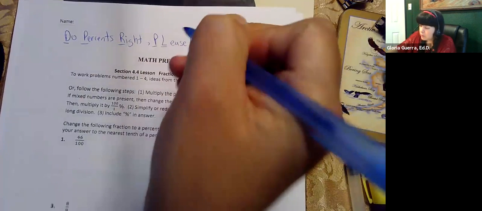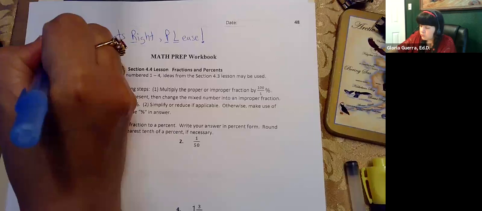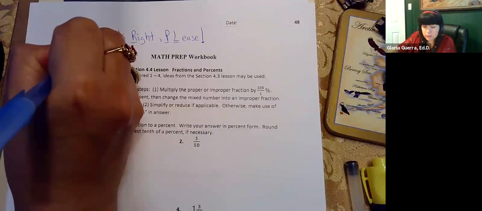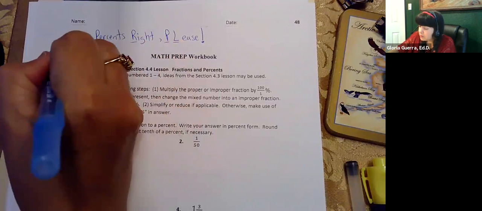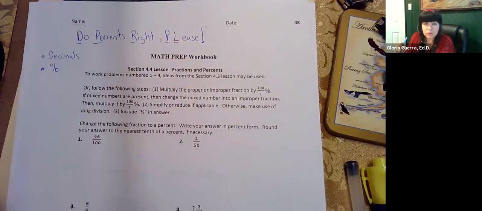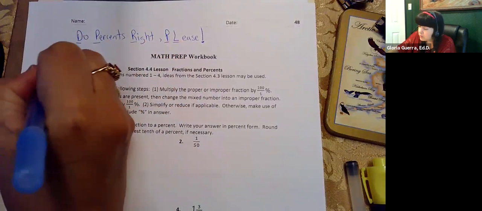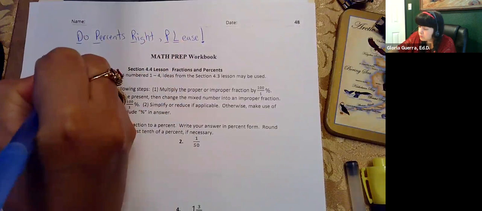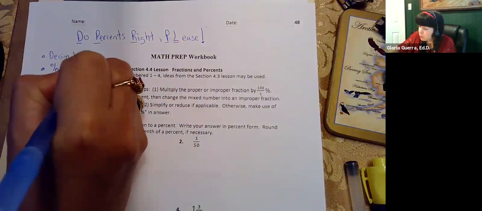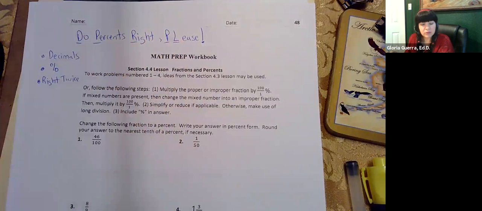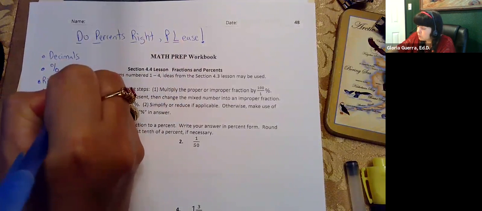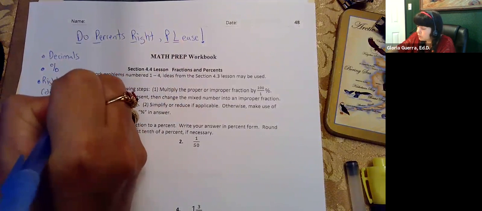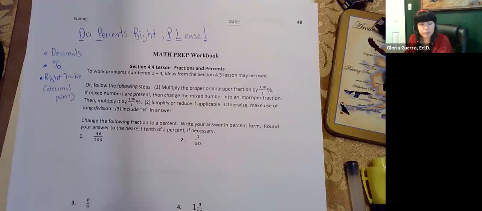The D stands for a decimal, and the P says you want to change that decimal to a percent, then that R means that you want to move the decimal point right twice.